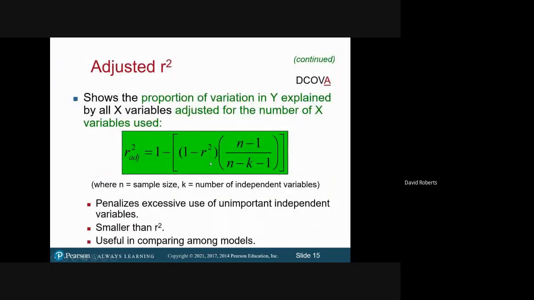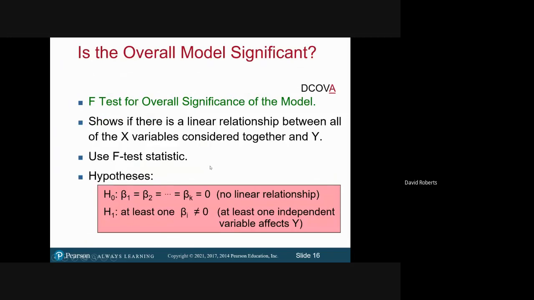And then we adjust it using this formula. We adjust the R squared value to see if the model is significant, but just focus in on R squared. That's what we're doing.